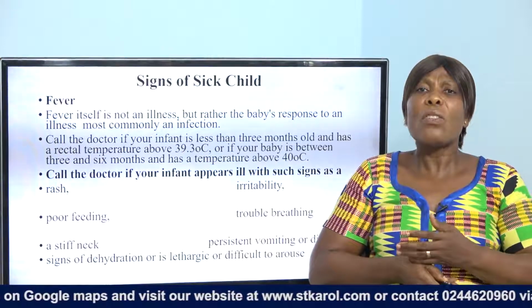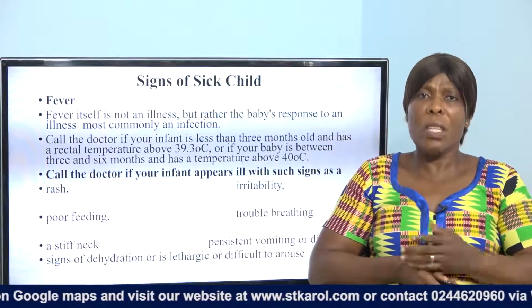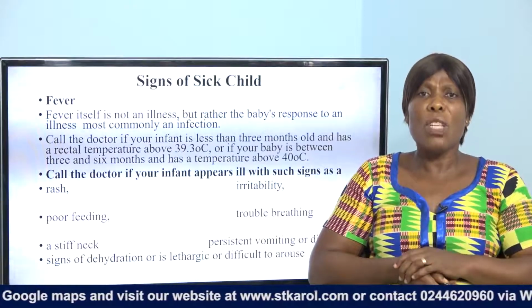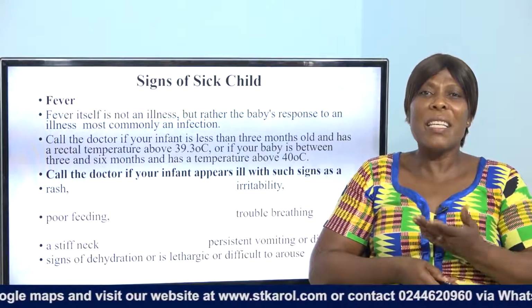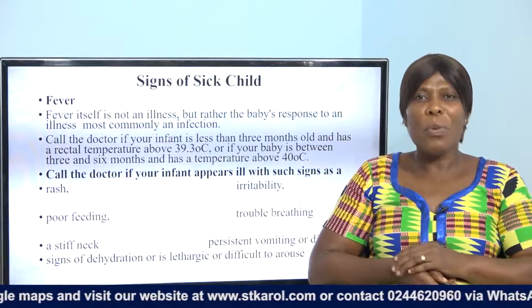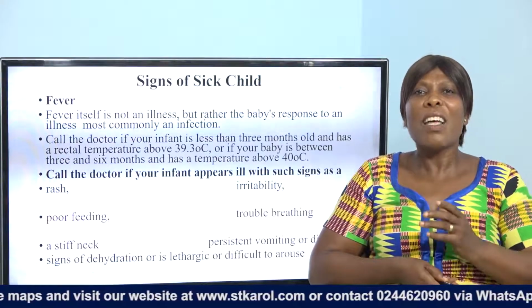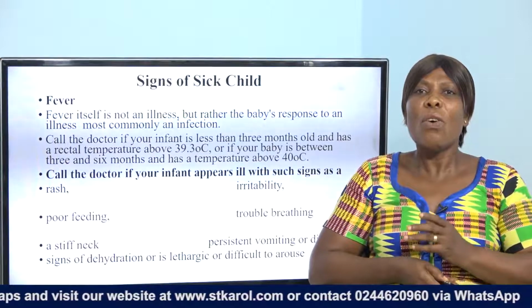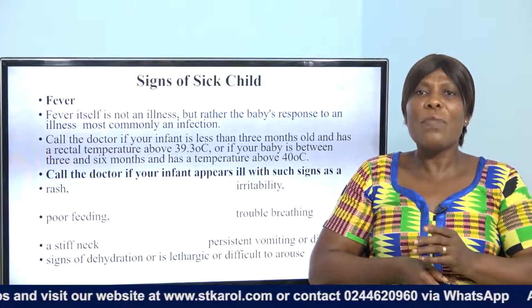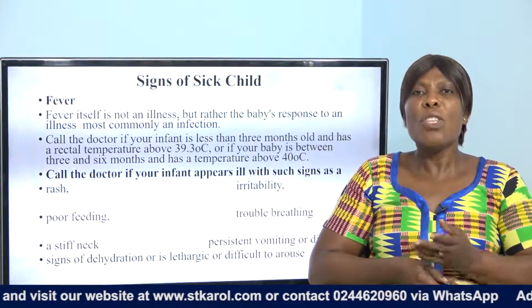When the baby is also finding it difficult to breathe, you need to report to the doctor. And then when you also have persistent vomiting and diarrhea, you need to report. Then when the child is also showing signs of what? Dehydration or lethargy or is difficult to arouse, you need to what?